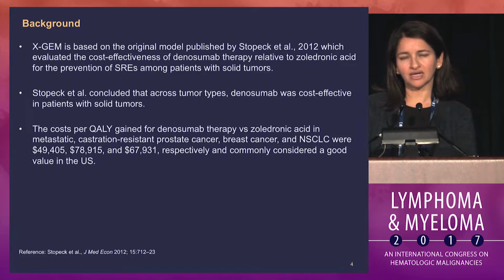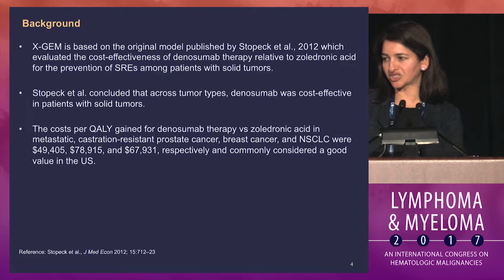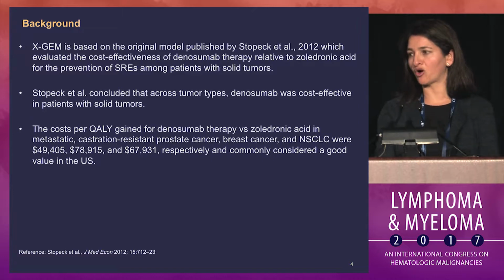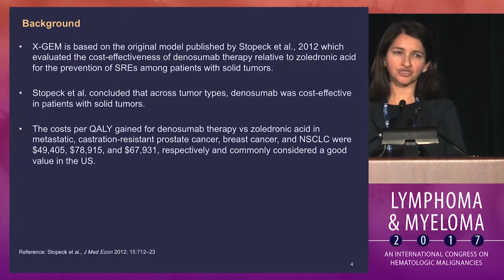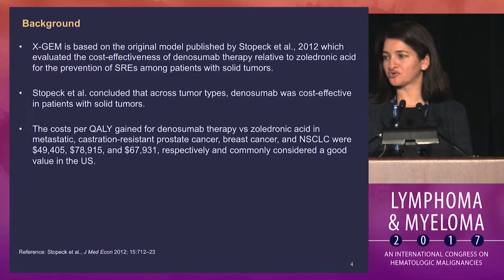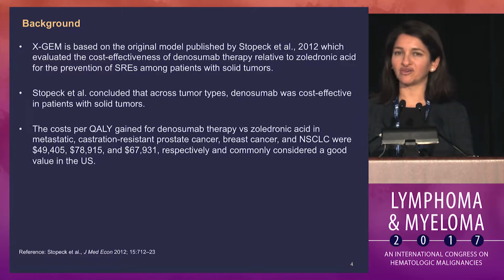Now, just to give you a little bit of background on what the XGEM model is, the XGEM model is based on an original model which has been published already by Dr. Stopak, and this was a model wherein we've evaluated the cost effectiveness of Denosumab relative to zoledronic acid in the prevention of SREs.